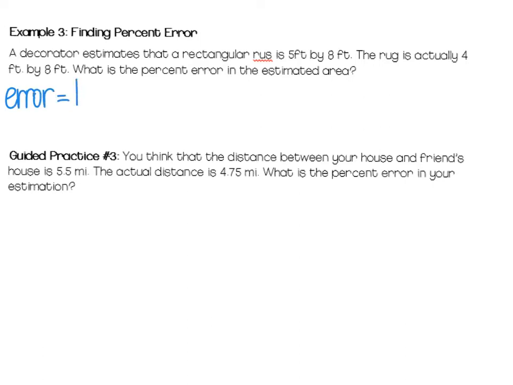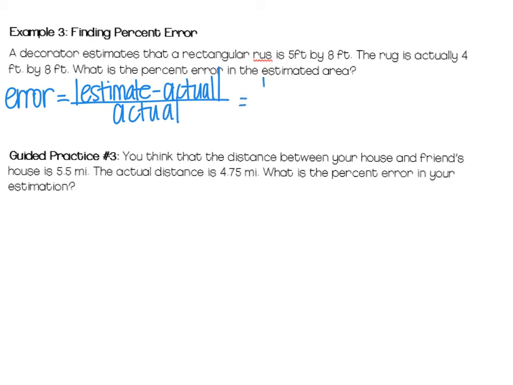equals the absolute value of estimate minus actual. So the estimated measurement minus the actual measurement divided by the actual measurement.